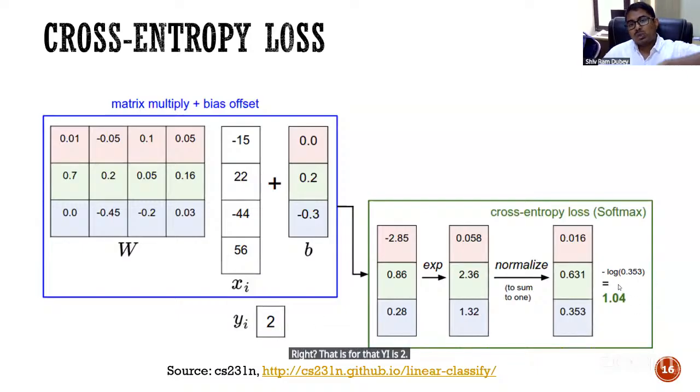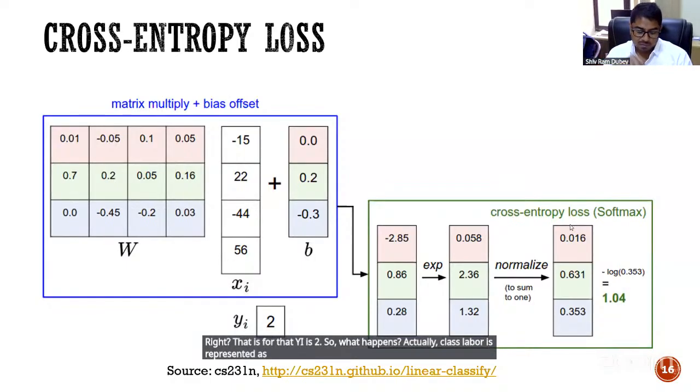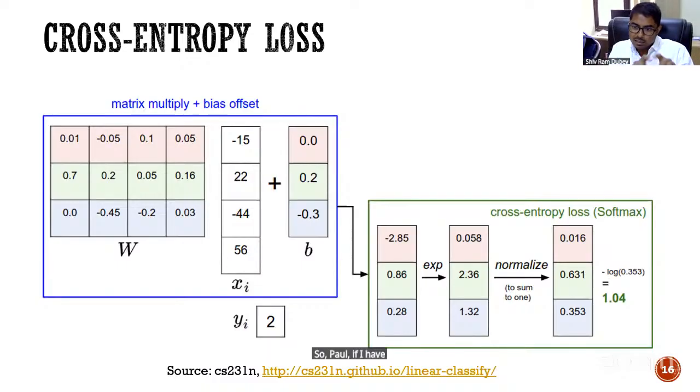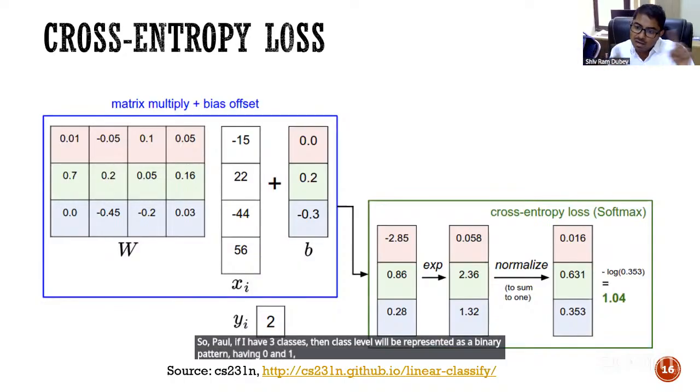So what happens actually, the class label is represented as a one hot vector. What is the meaning of one hot vector? Suppose I have three classes, then the class label will be represented as a binary pattern having 0 and 1, and all values will be 0, only one will be 1, which corresponds to the correct class. So if yi is 2, then the one hot vector of the class label is 0, 0, 1.